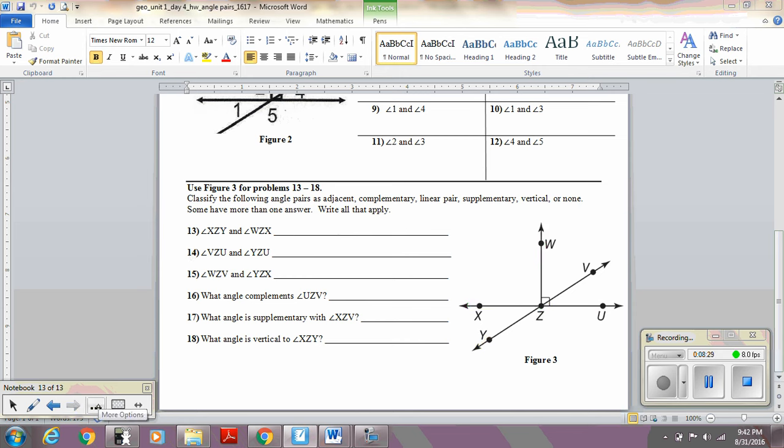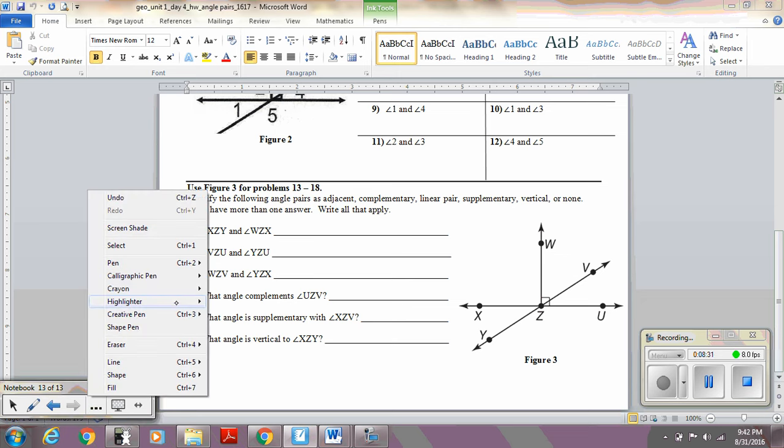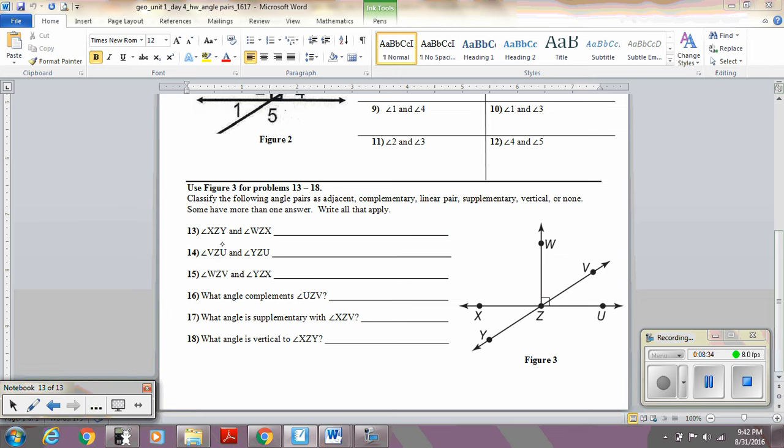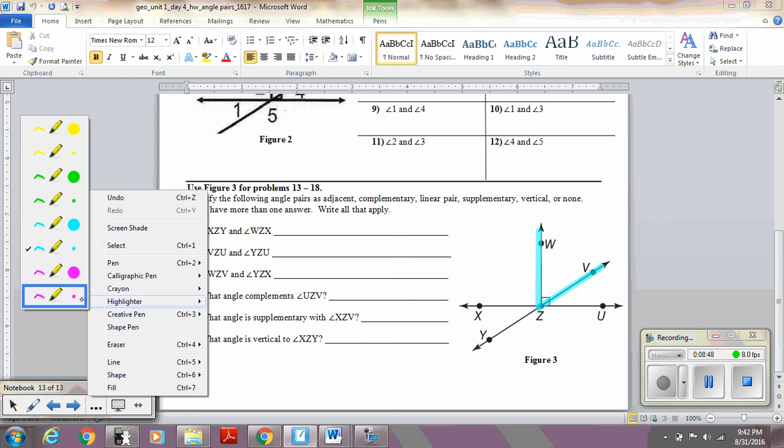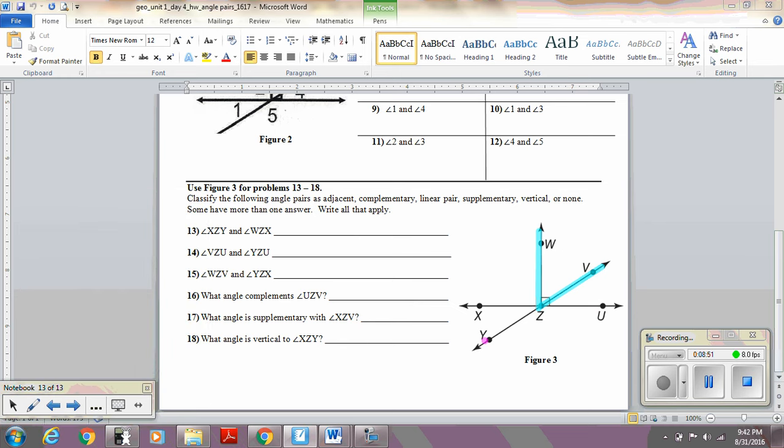On number 15, I'm looking at W, Z, V, and Y, Z, X. This pair of angles do share a vertex, but they're not formed by two perfectly straight lines.